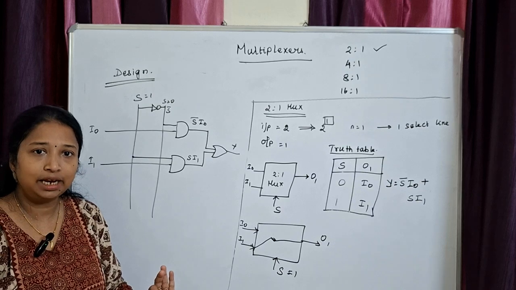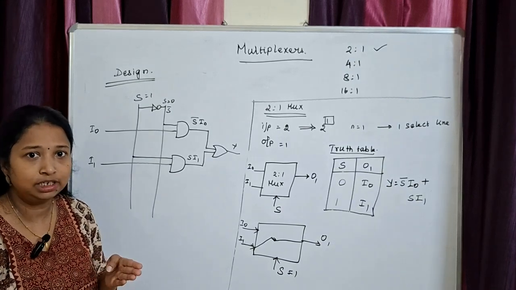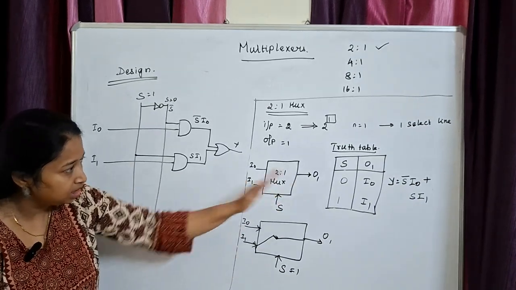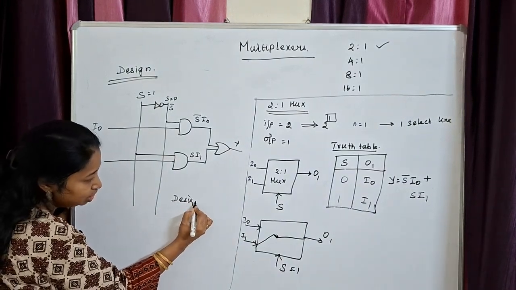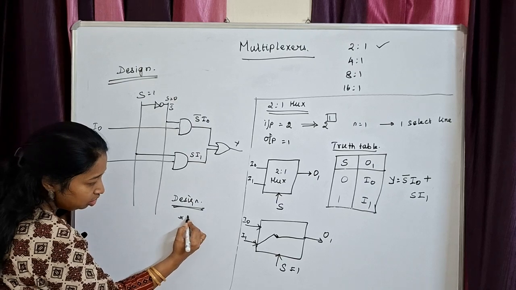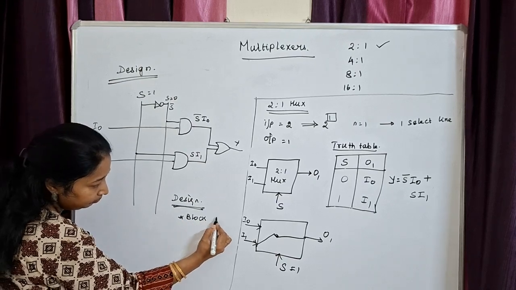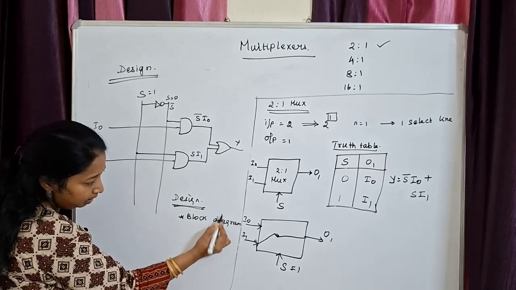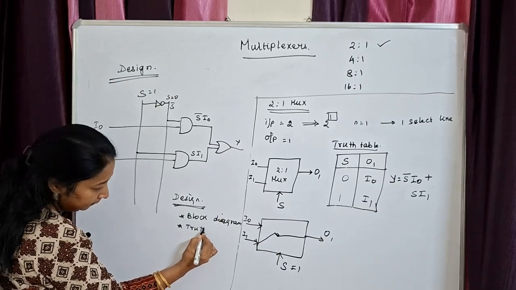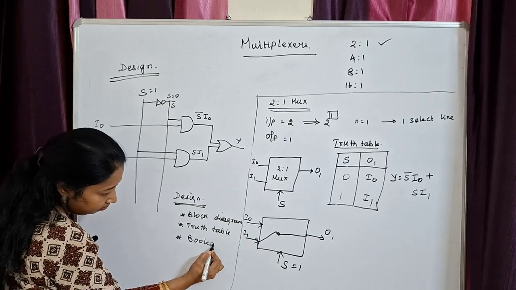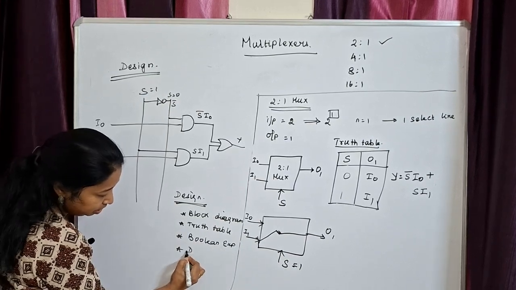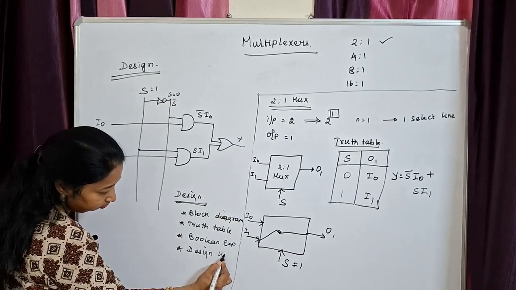Whenever it comes to designing, there are 4 basic steps to keep in mind. What are these steps? Whenever the word design is mentioned in your question, first you have to draw your block diagram, followed by your truth table. Then you have to find your Boolean expression, and then you have to design using logic gates.